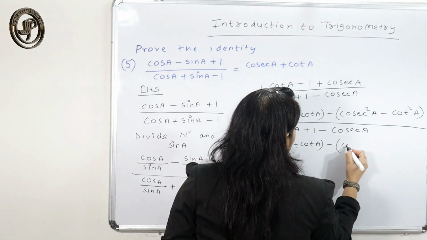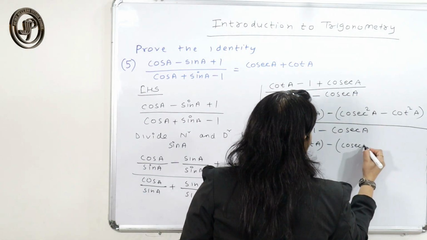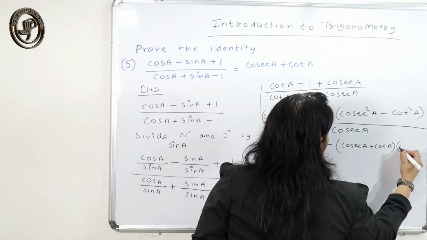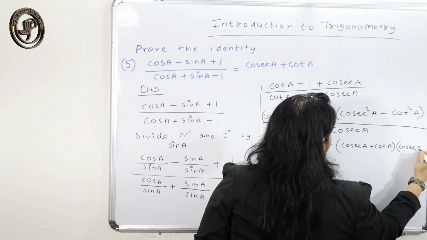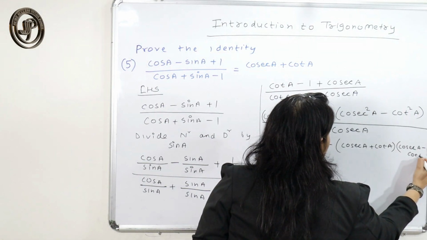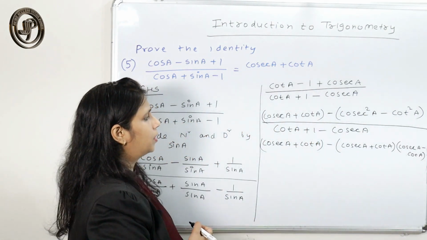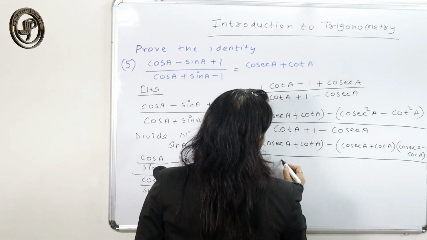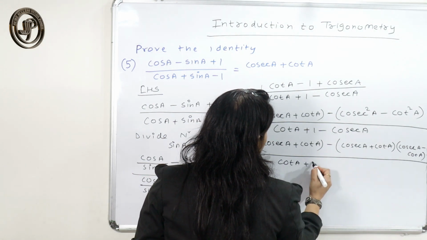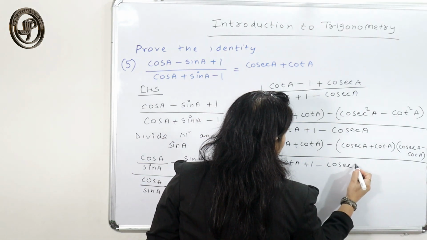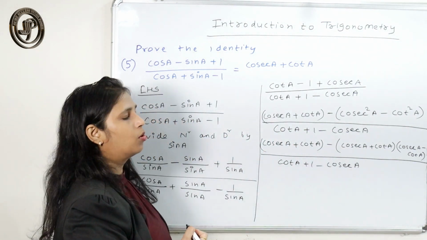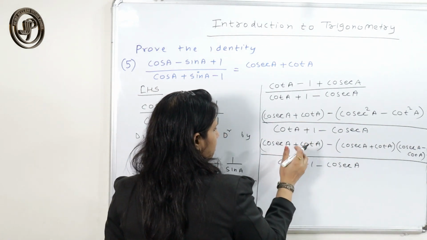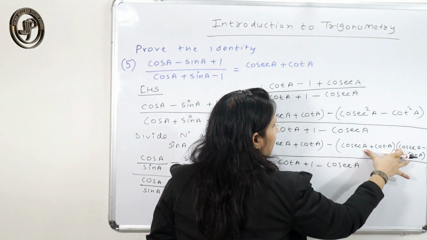So if you use the identity, you get cosec square A minus cosec square A plus cot square A, cosec square A minus cot square A, and the denominator as it is. Now, what can you take out from this bracket and this bracket?